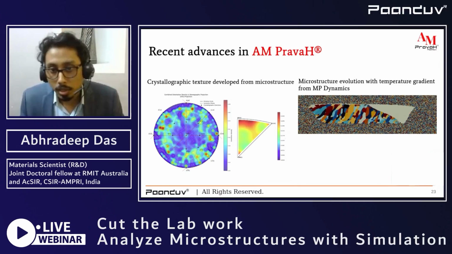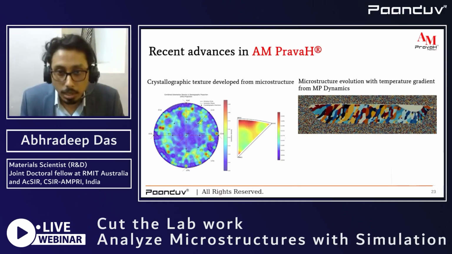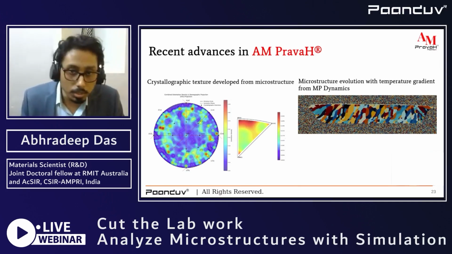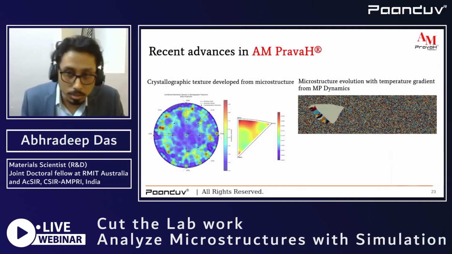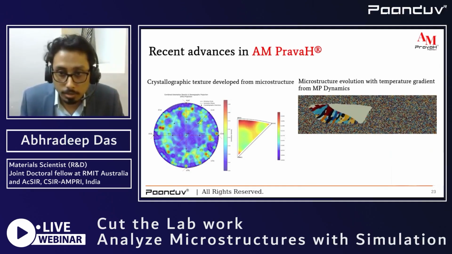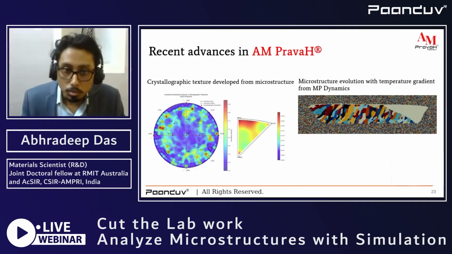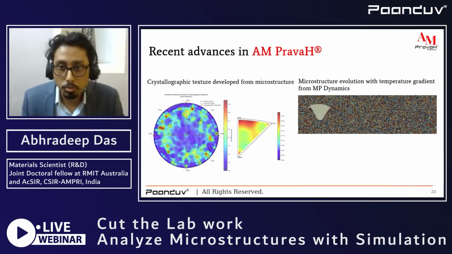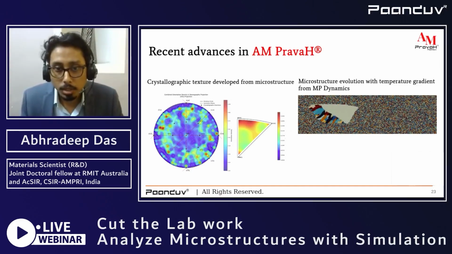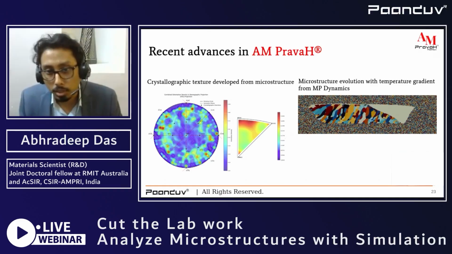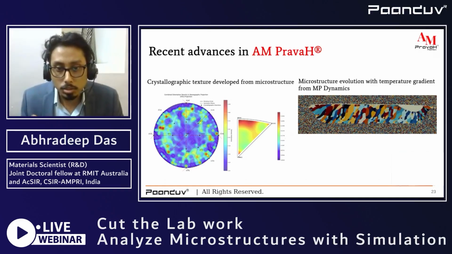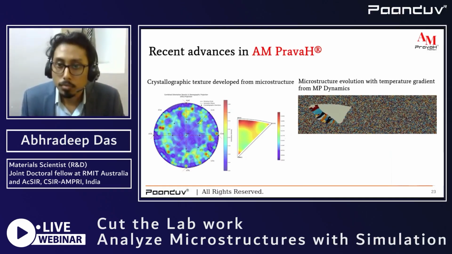As we all know, having crystallographic texture data without using an experimentation like EBSD or bulk texture analysis has been a challenge since its inception. With this advancement, we track down the misorientations from the kinetic Monte Carlo and put them in a stereographic plane, and we achieve this crystallographic texture data.